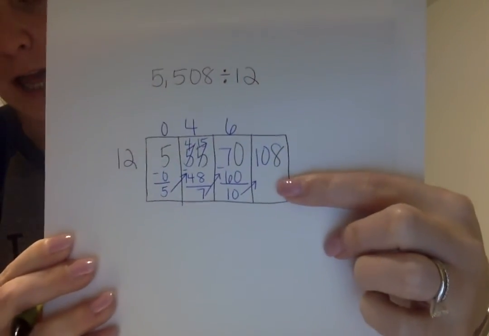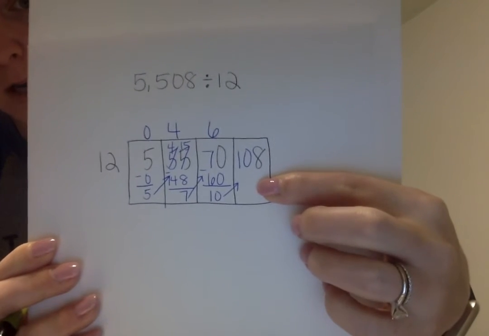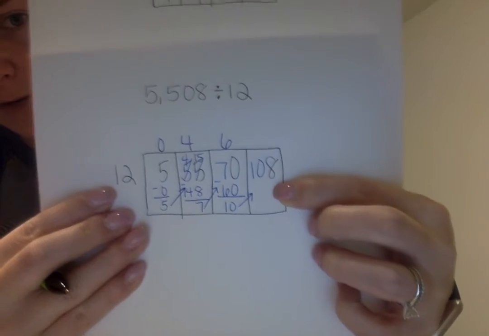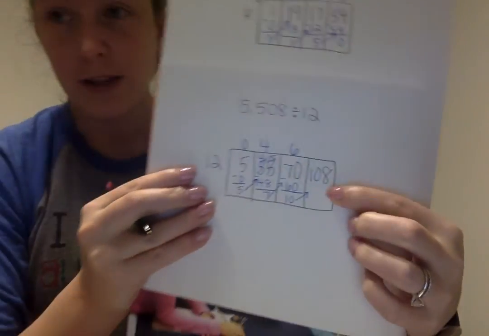So you'll notice that on the last one, I get a 3-digit number there, 108. So how many times can 12 go into 108? Well, 12 times 5 is 60. 12 times 6 is 72. 12 times 7 is 84. 12 times 8 is 96. 12 times 9 is 108.